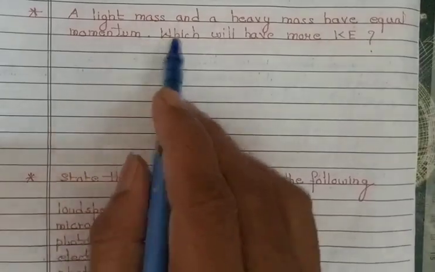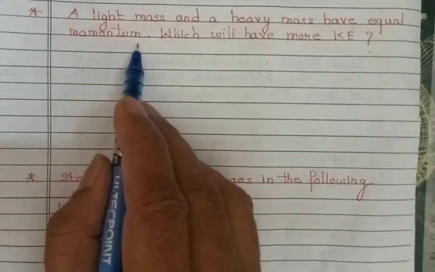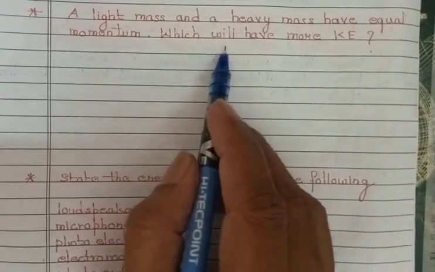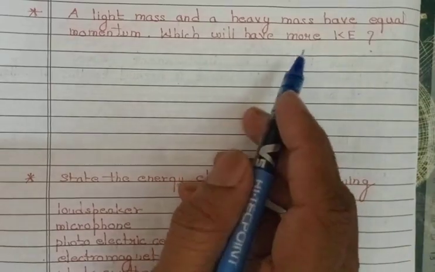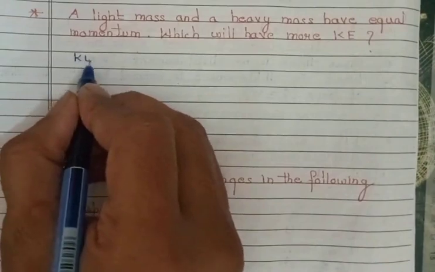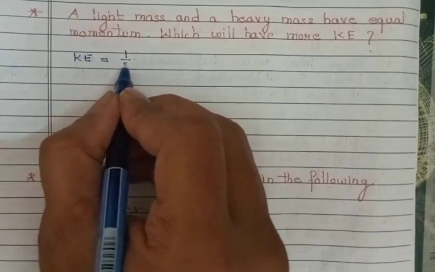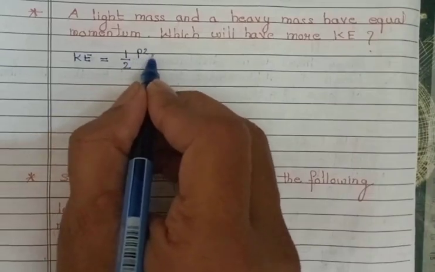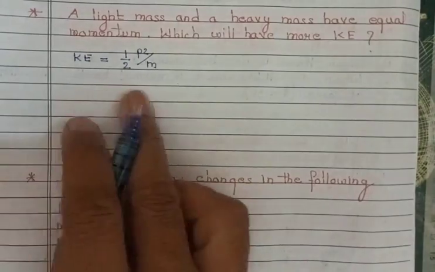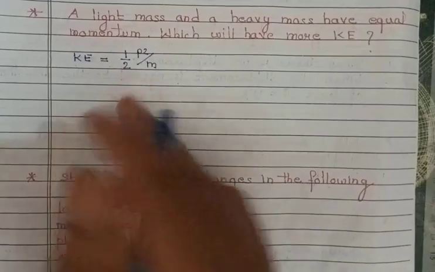Okay, next they say a light mass and a heavy mass have equal momentum. Which will have more kinetic energy? Now as we know, kinetic energy in terms of momentum is half P square upon M. This is the formula for kinetic energy in terms of momentum.